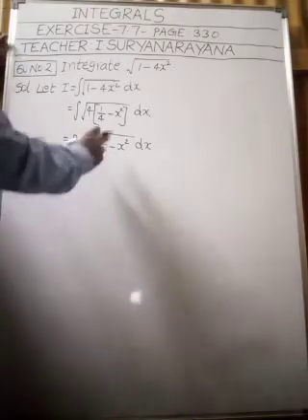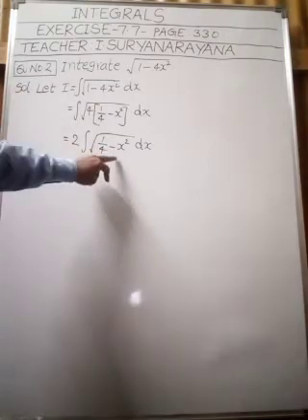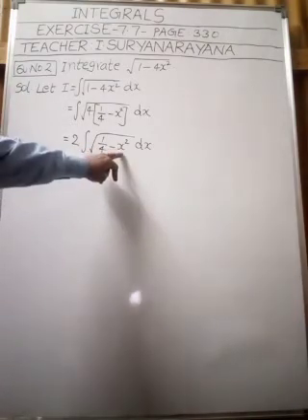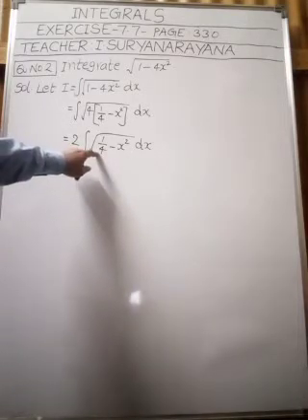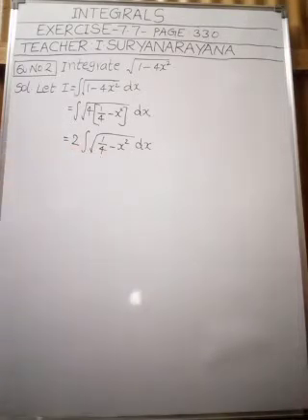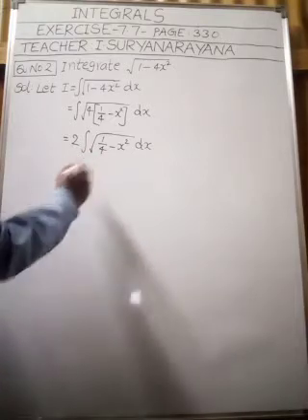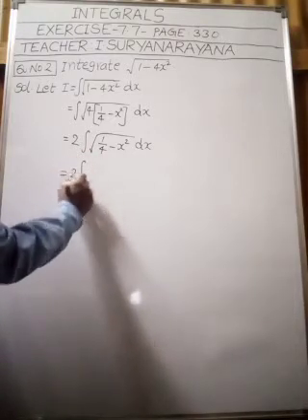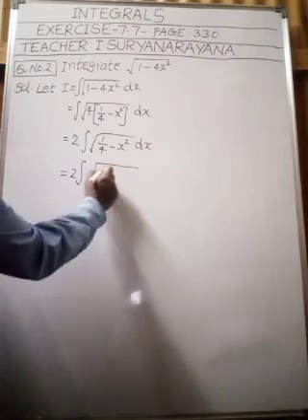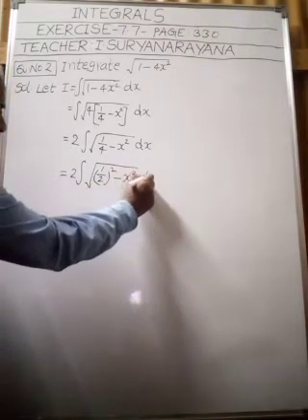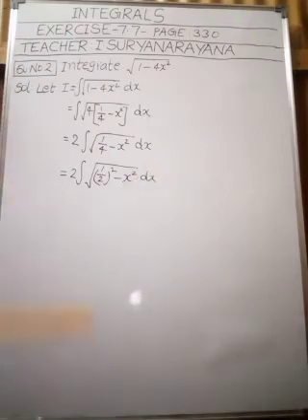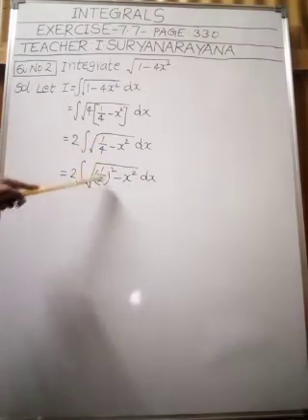Right. Now if you observe, this is a quadratic expression in x with the coefficient of x square as 1. Then we have to write this constant as square of some number. How can you write this number as square of some number? Square root of 1 by 2 whole square minus x square dx. Can we write it or not, my children? 1 by 4 can be written as 1 by 2 whole square.